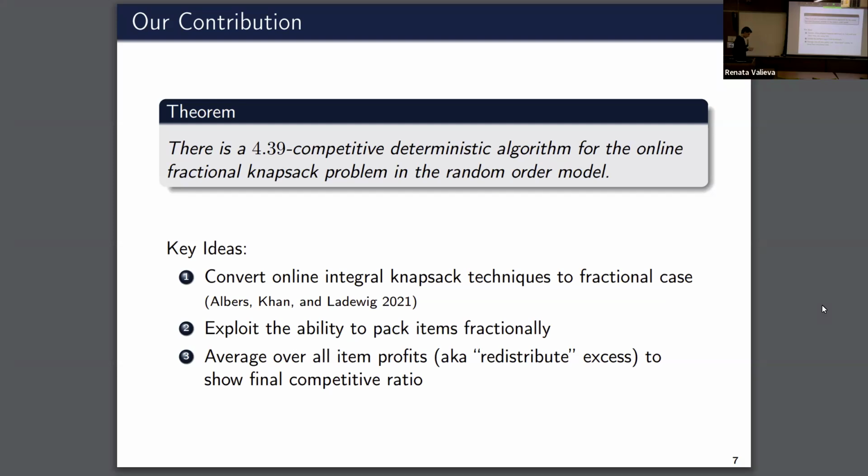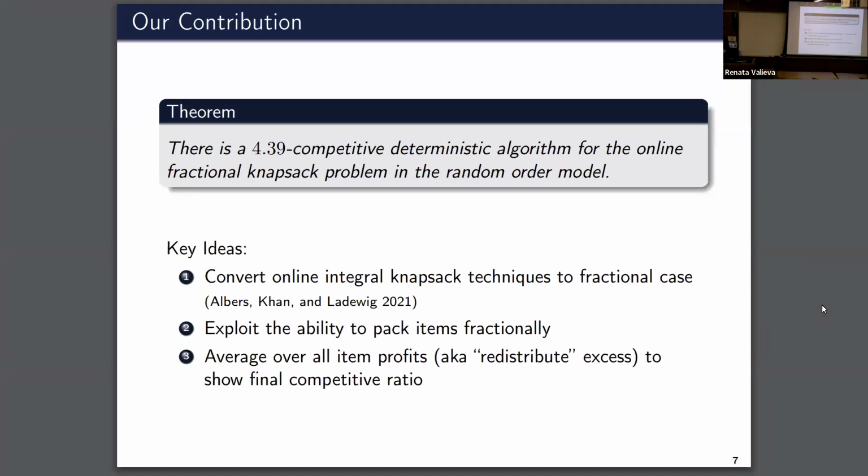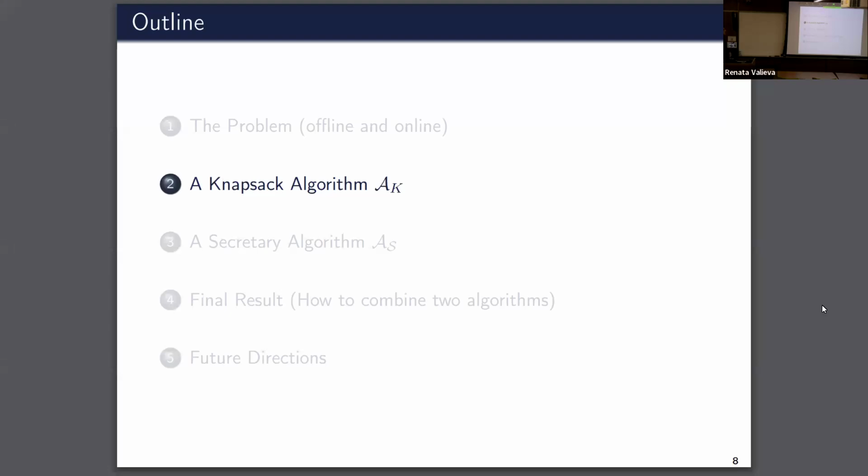In some sense, there will be some items on which you can do better, so we will redistribute some excess to all the items to get the final competitive ratio. This is the high-level picture, and we'll start with the knapsack algorithm. By the way, it might be a little shorter than an hour, maybe 35 minutes or so overall. Okay, knapsack algorithm.